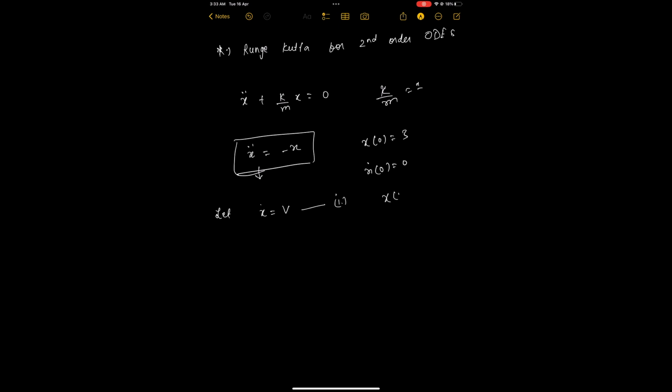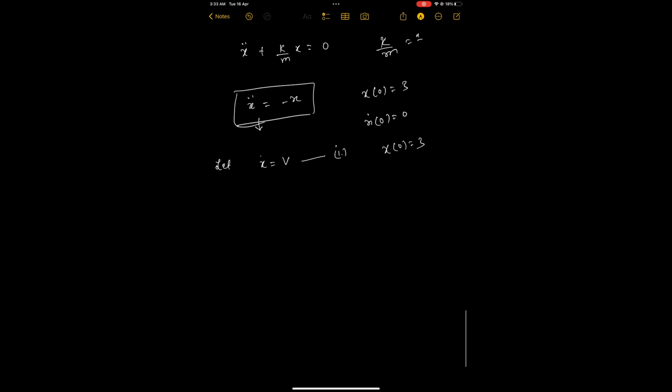For this we have x of 0 equals 3, and the second equation is x double dot, that is v dot, equals minus x. So let us consider this as f1 of t, x, v, and this is f2 of t, x, v.